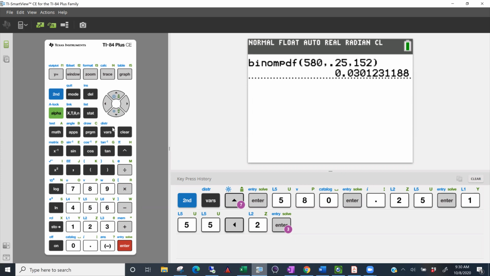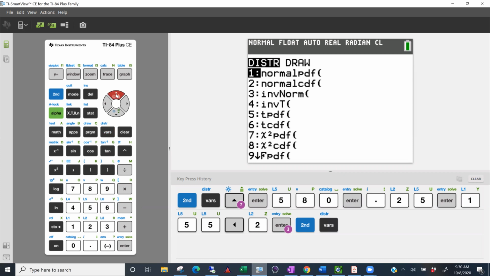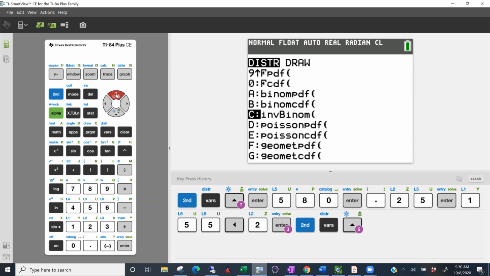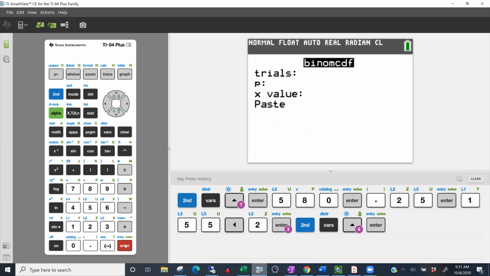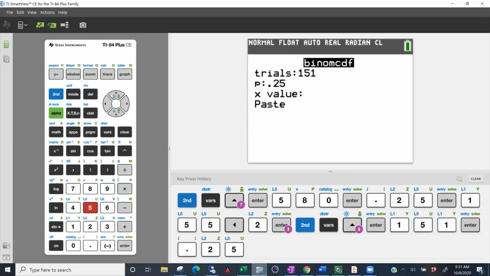So second distribution, again, I'll go up. This time I want to go to binomial CDF. Number of trials, 151. P-value, 0.25. Actually, no, wait. Number of trials would be 580.